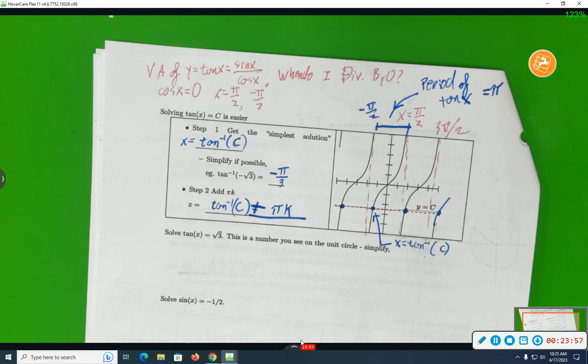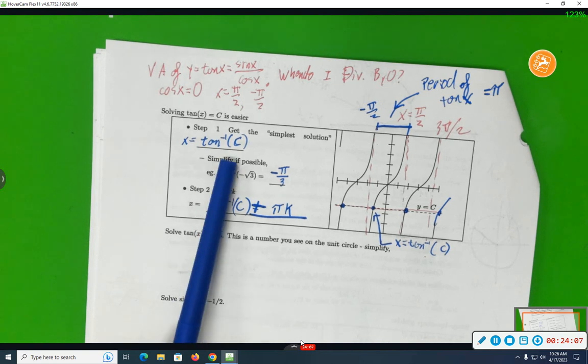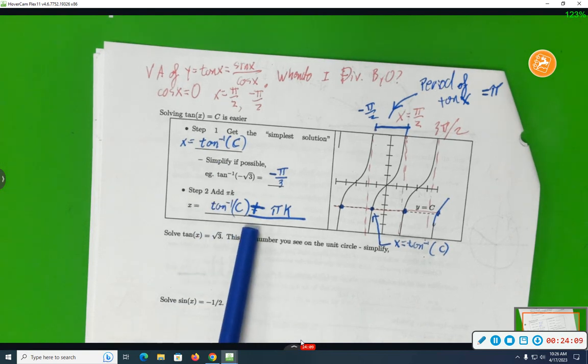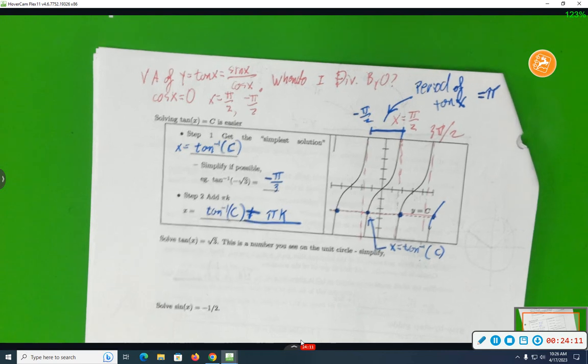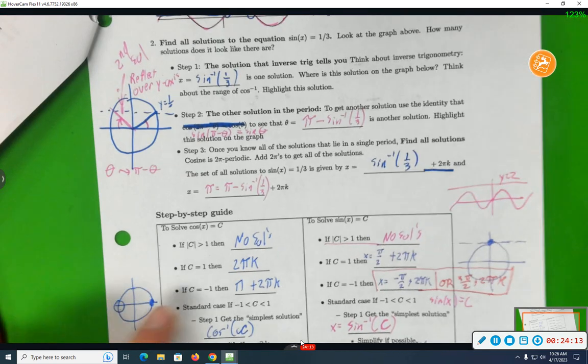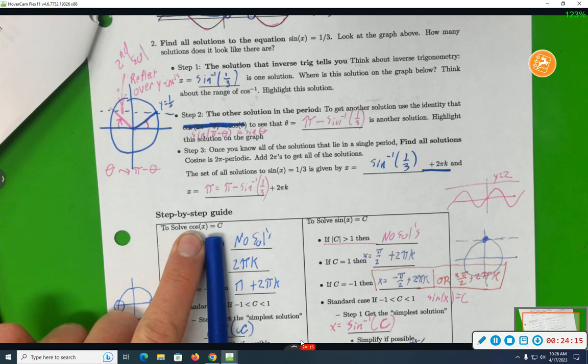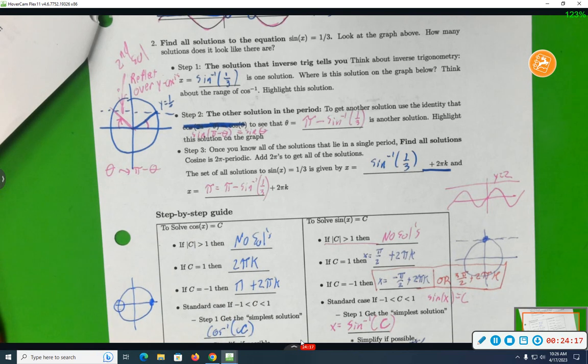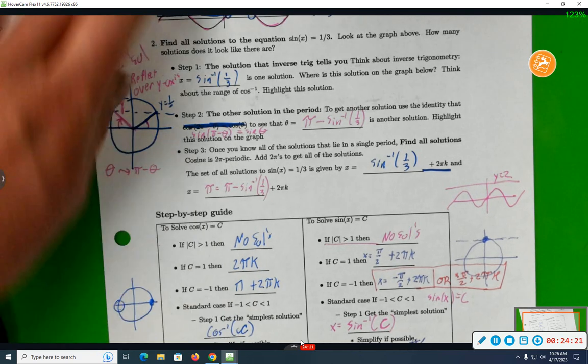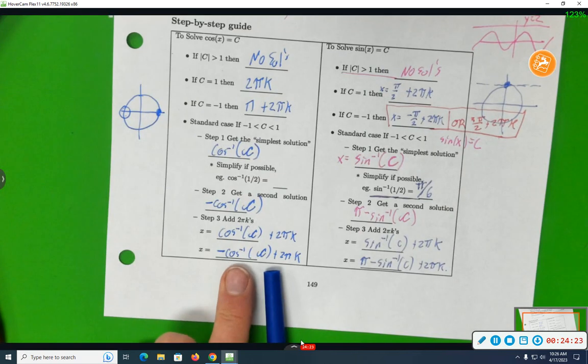k. So we have now literal instructions that tell us what the solutions to trigonometric equations are. If you want to solve tangent of x equals c, the solution is inverse tangent of c plus pi k. If I want to solve cosine of x equals c, and nothing silly happens, then the solution is inverse cosine of c plus 2 pi k, and negative inverse cosine of c plus 2 pi k.